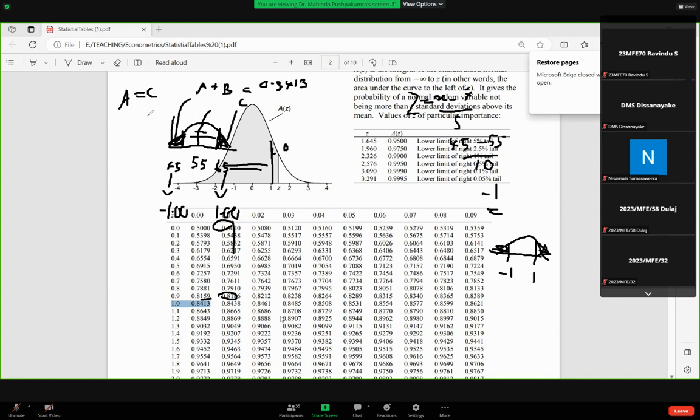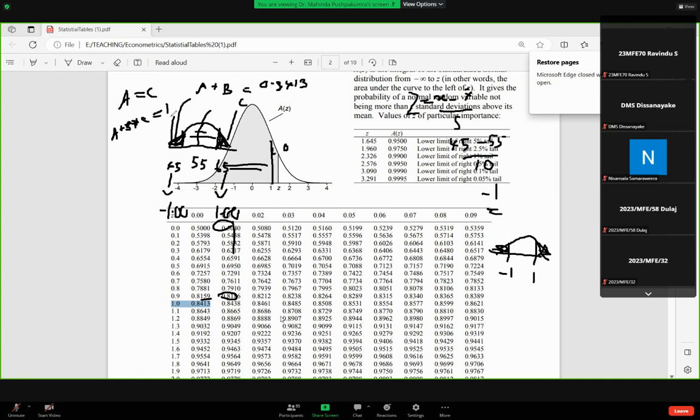Also, A plus B plus C is equal to 100%, or we can say 1.